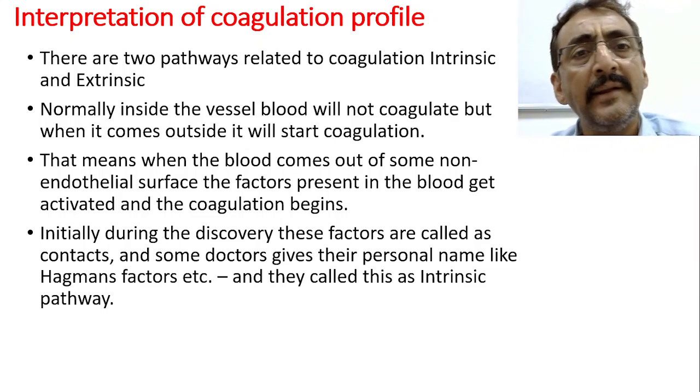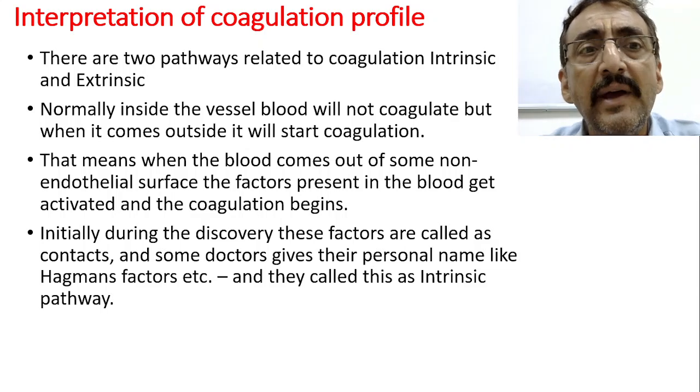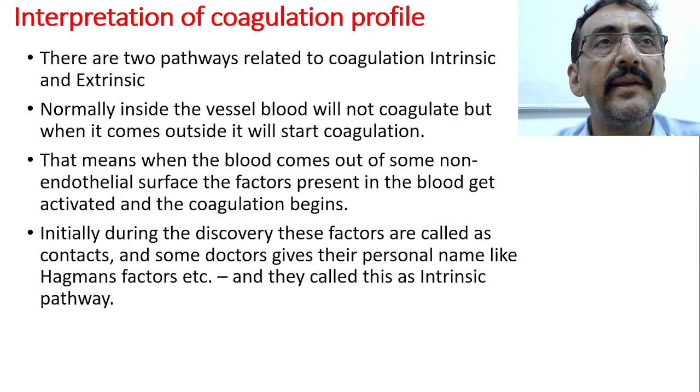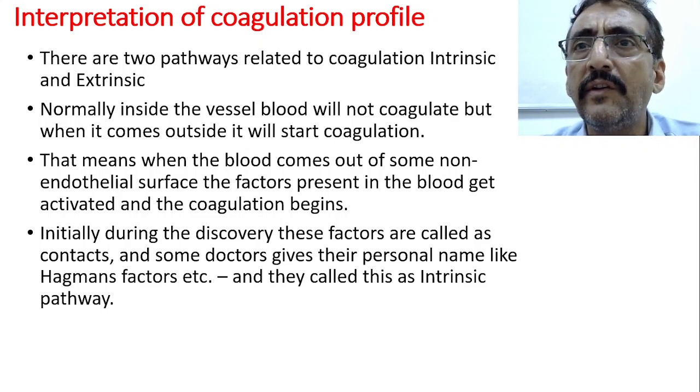Normally, just imagine, inside the vessel, blood will not coagulate, isn't it? The blood is flowing inside in a normal person, I am talking about the physiological condition. In a normal person, blood is present inside the vessel, so there is no question of any coagulation at all.